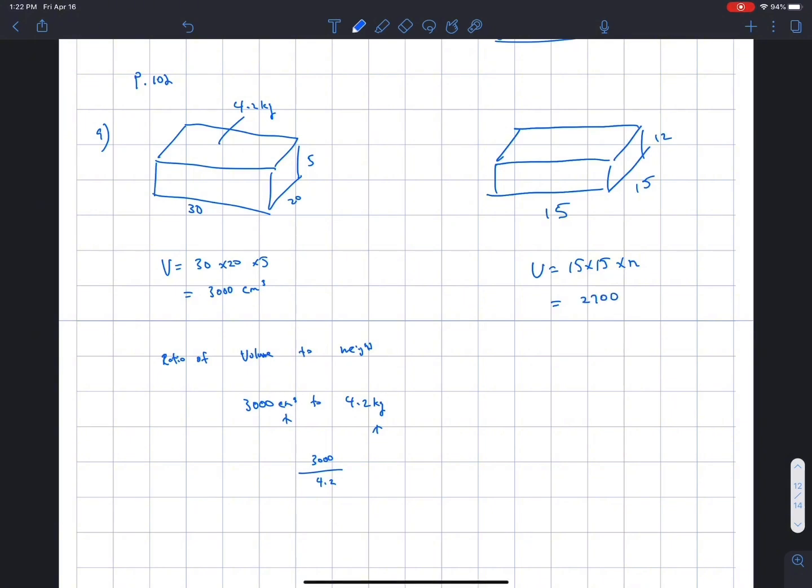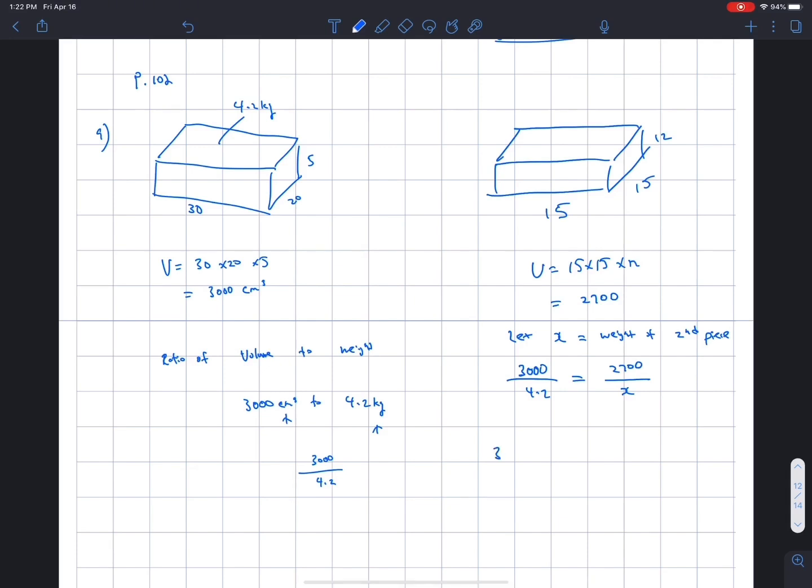So now we can set up a proportion. We can say that the volume 3000 over the weight 4.2 should equal this new piece of wood, the volume 2700 over the weight. We'll let the weight be x. So we can let x equal the weight of the second piece of wood.